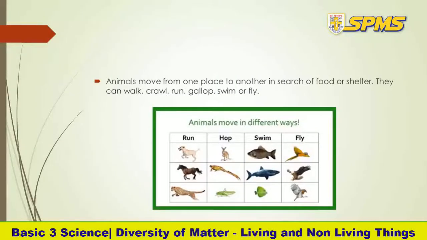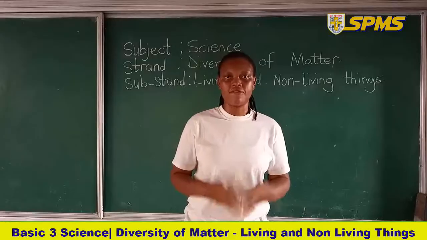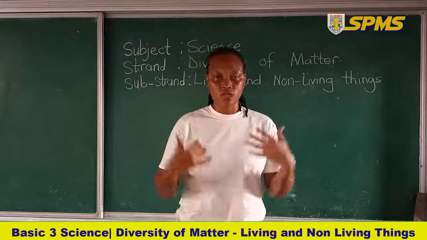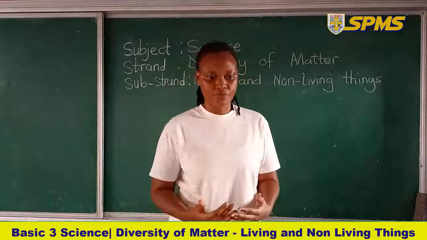Now let us look at these animals. So animals move in different ways. We have animals that can run, animals that hop, animals that swim, and then animals that fly. Most of the birds fly. Some also walk, gallop.